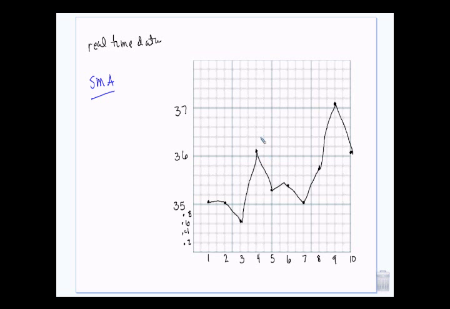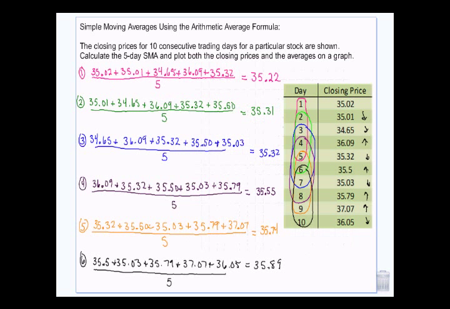The simple moving average now, when you start plotting it, this number here is day 5. It's the last day of the first group. So this becomes day 5, 6, 7, 8, 9, and 10.